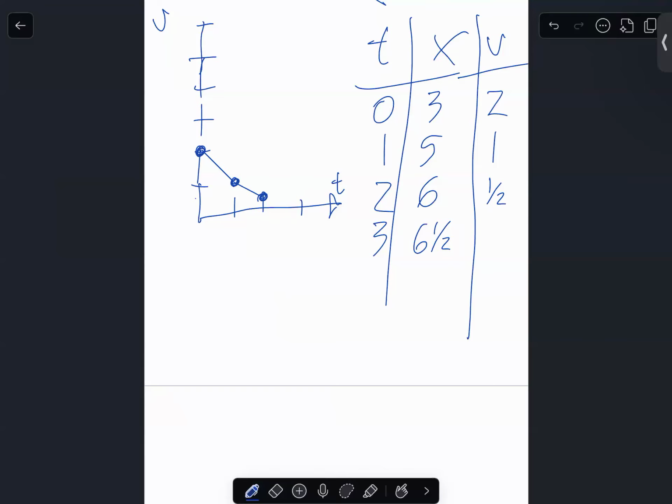Is my acceleration positive or negative? Google form, this is question K: is my acceleration positive, negative, or 0?